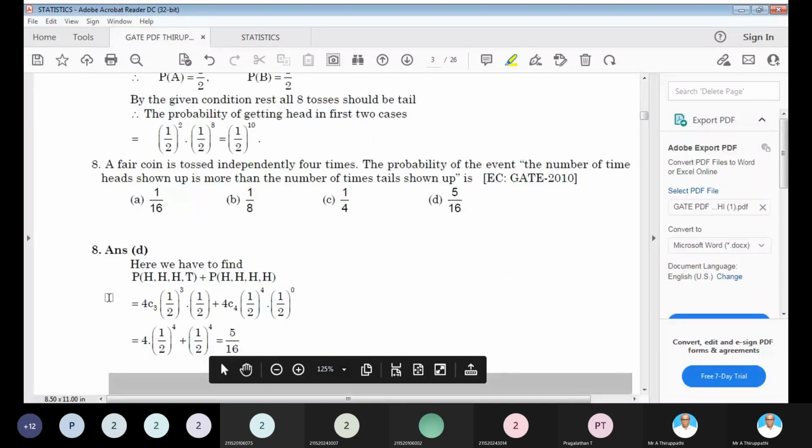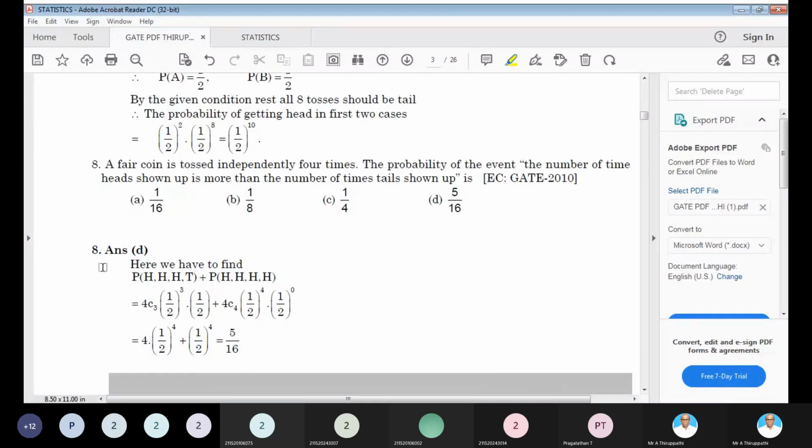A fair coin is tossed independently 4 times. That is, each toss is independent. Here, you can use the binomial distribution, or you can use the direct method. You can use any one of the methods.